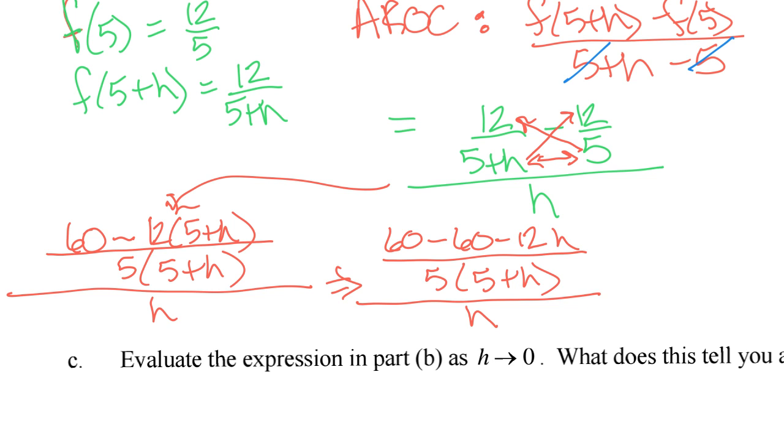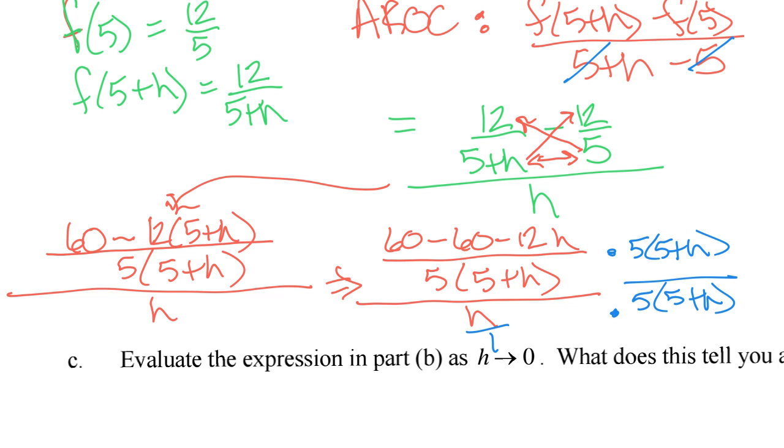So you could multiply by h over 1, or I'm going to keep consistent with what Miss Ibrahim's been doing. Let's multiply by our denominators. The lowest common denominator between 5 times 5 plus h and 1 is 5 times 5 plus h. So multiplying top and bottom, 5 plus h.